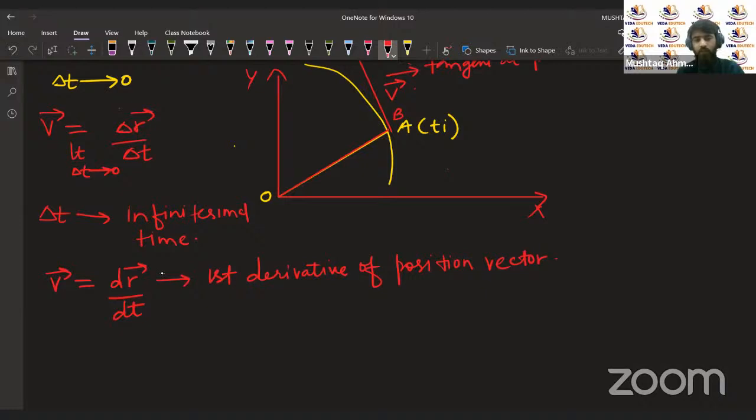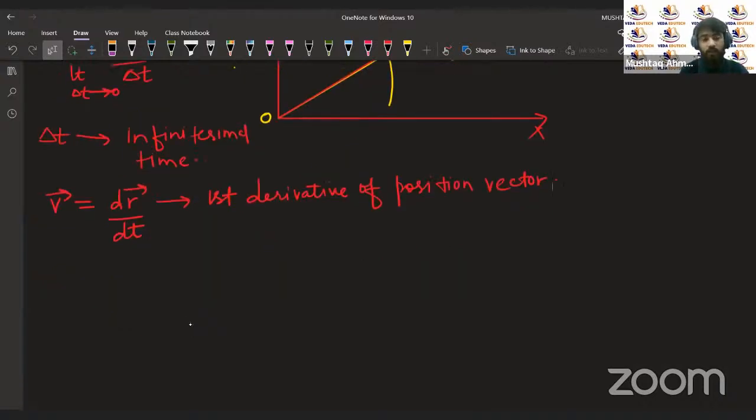Here our delta time is infinitesimal, very small, tending to zero. So this velocity is the instantaneous velocity, correct?